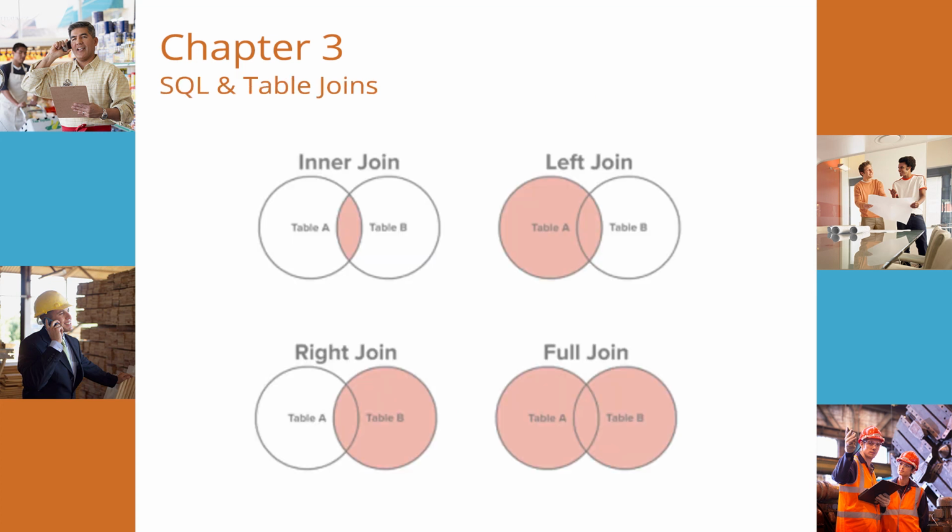So let's talk about joins. SAP, when it joins tables, by default brings the inner join. So, SQL and table joins. Basically those images show you what data is going to be presented.